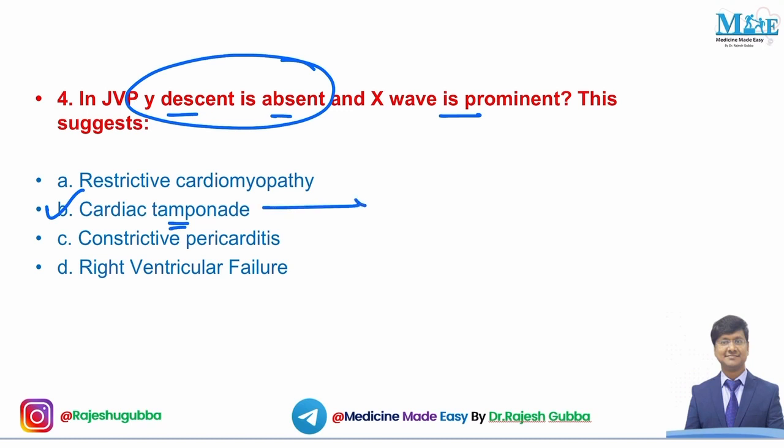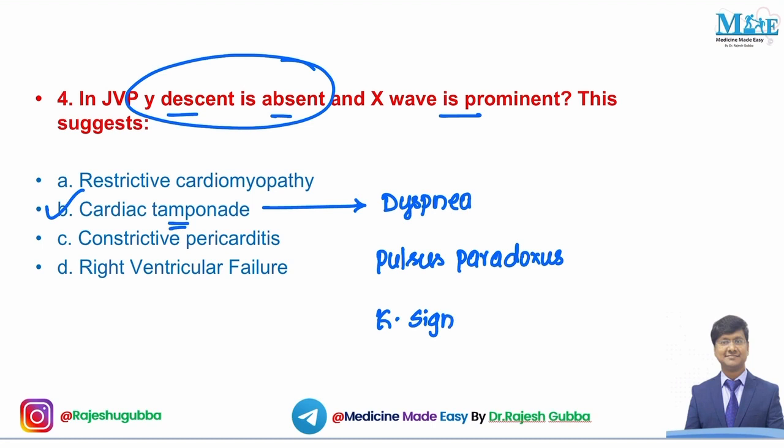So let me tell you some important points of cardiac tamponade. The patients with cardiac tamponade present with sudden onset dyspnea, right? And they have a characteristic pulse called the pulsus paradoxus. And in the JVP, a very important point is that the Kussmaul sign is absent.